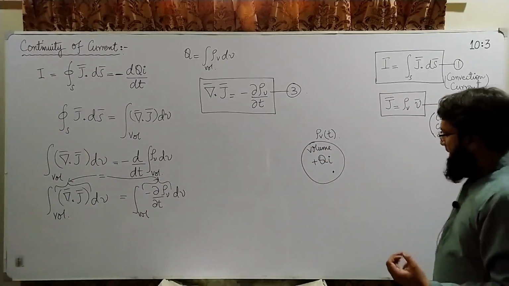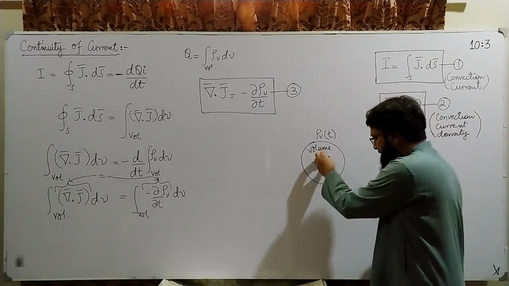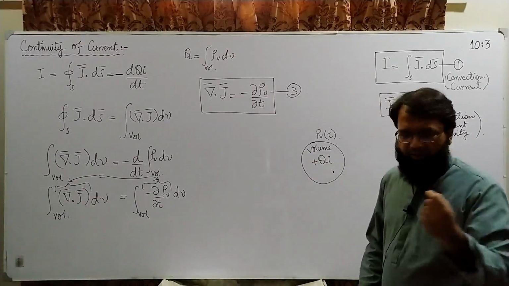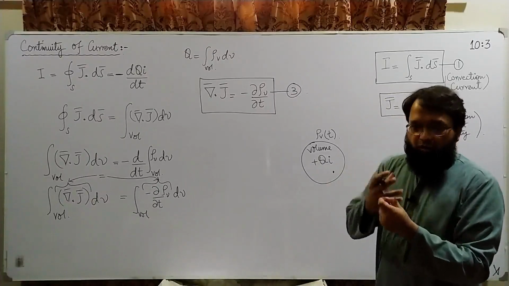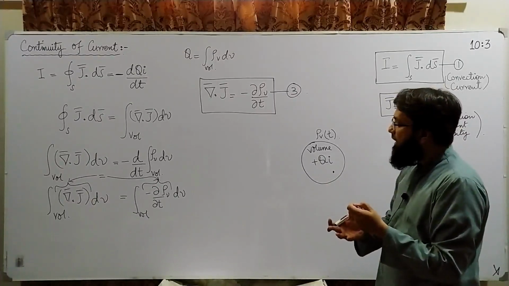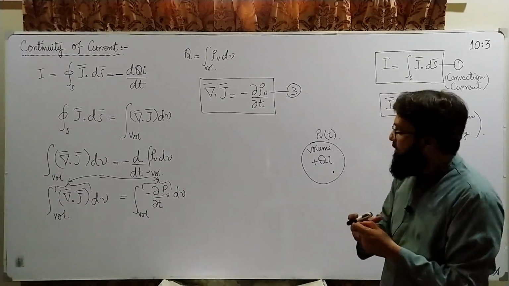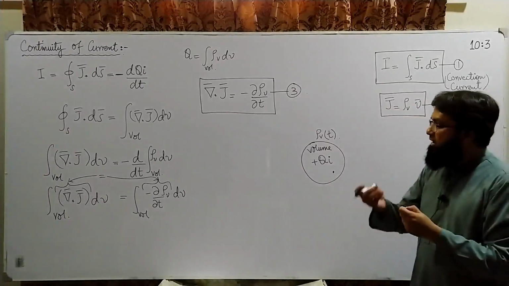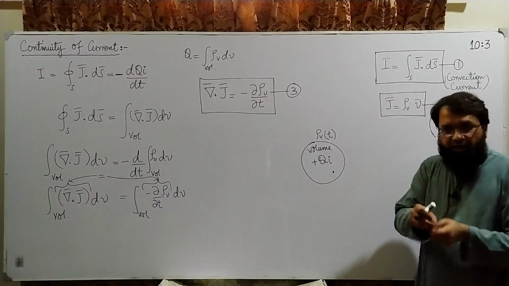So for the current coming out of a point, try to imagine this sphere to be so small that it can be treated as a point. So you can say that the current density coming out of the point is equal to the charge density which is reducing within that point.